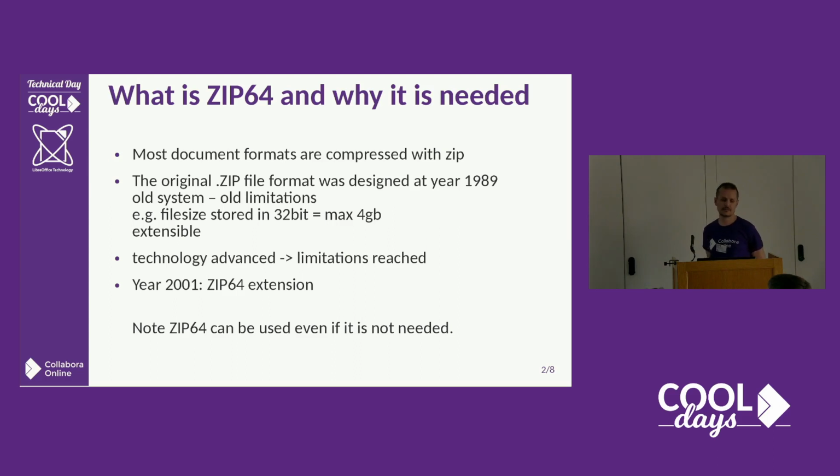So they made an extension for Zip that's called Zip64. It's because they store some data in 64 bits instead of 32 bits, like the file size. This is the most important thing about it.